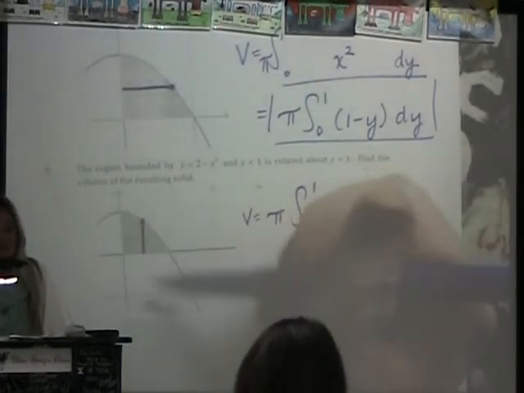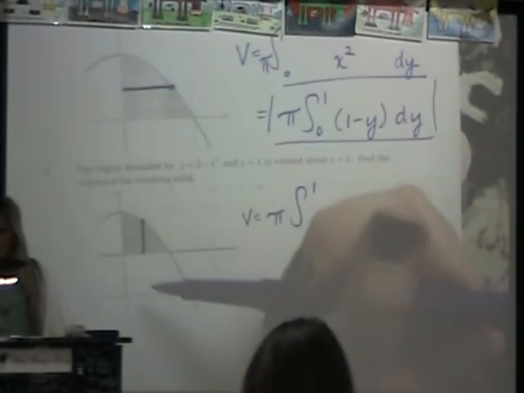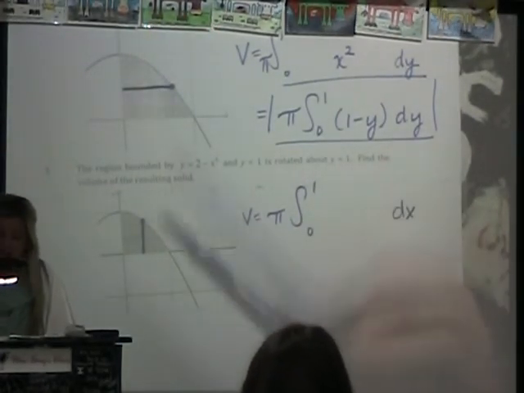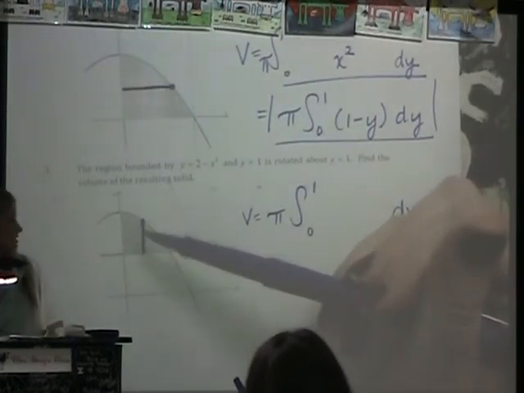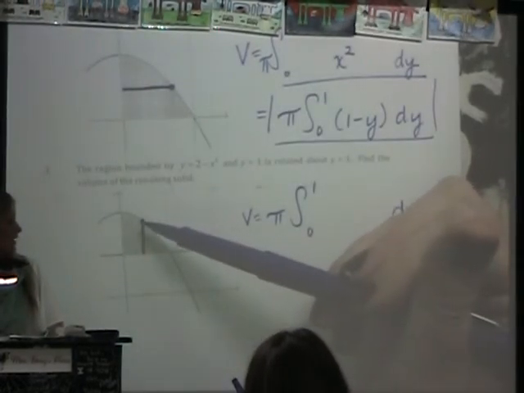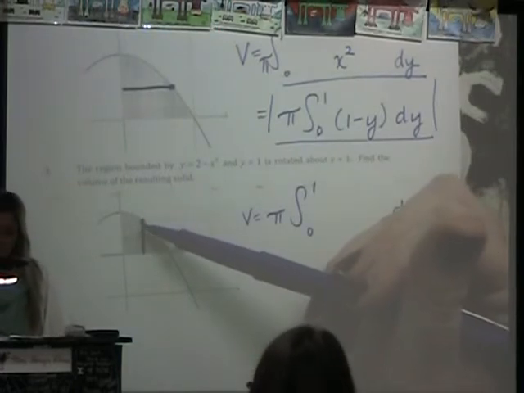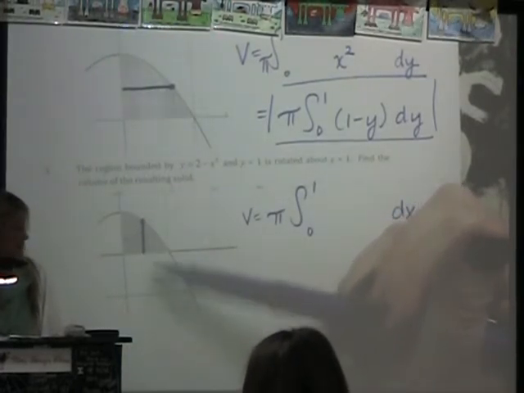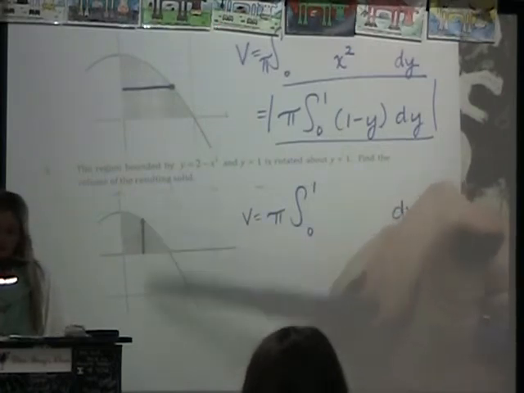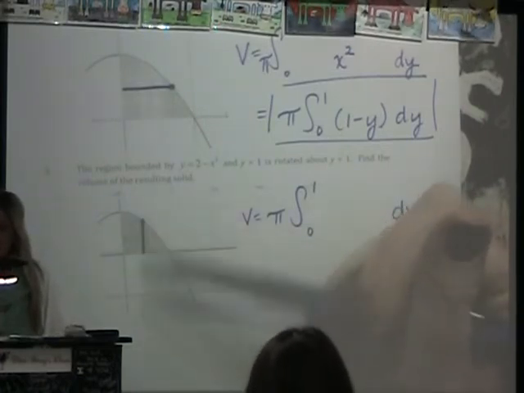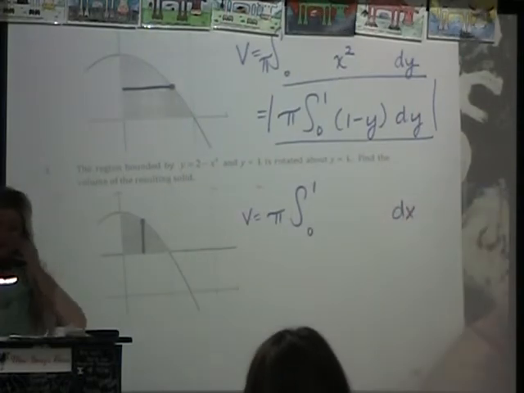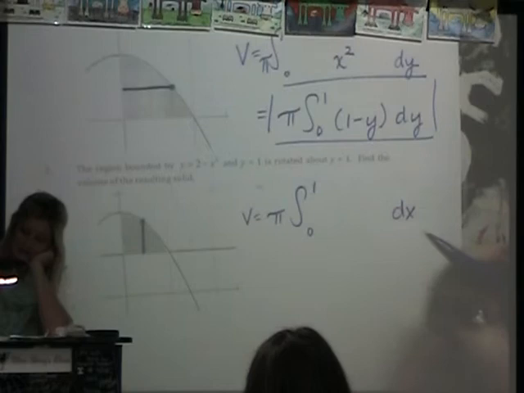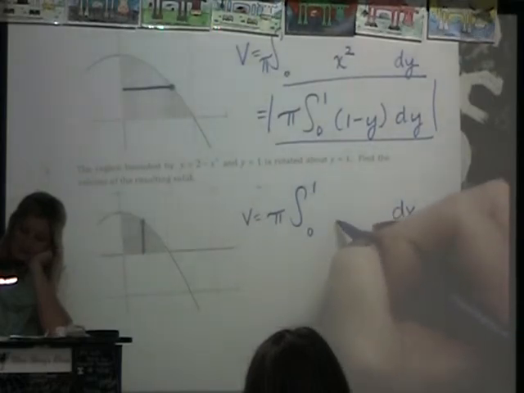Because we have to subtract off the 1, even though we're not rotating it around the x-axis, we're still trying to figure out what this y value is. And then we've got to subtract off the 1 for this area here, because the y value would give you this entire length. Okay, so we say y minus 1.